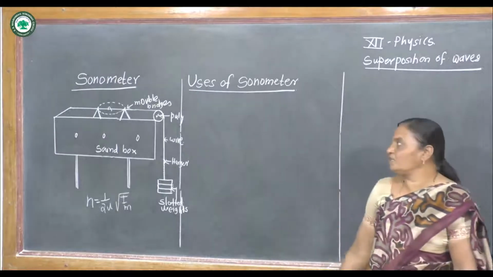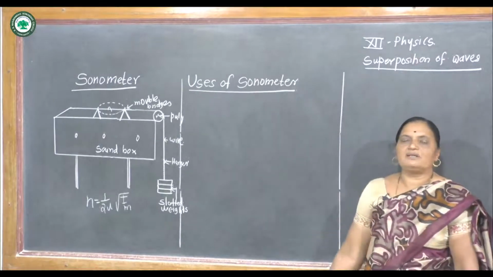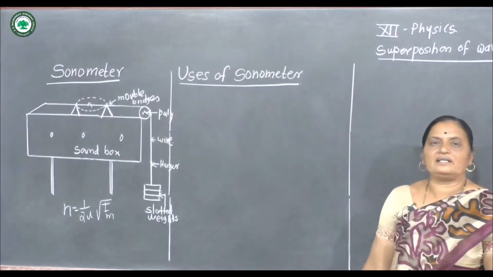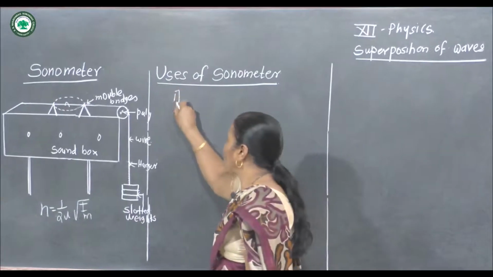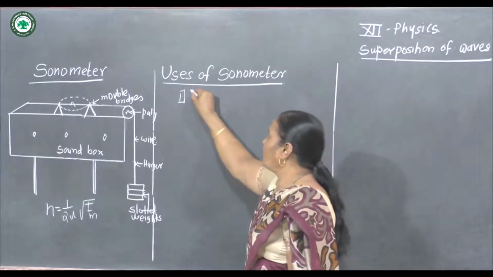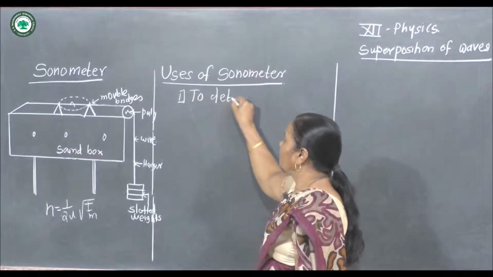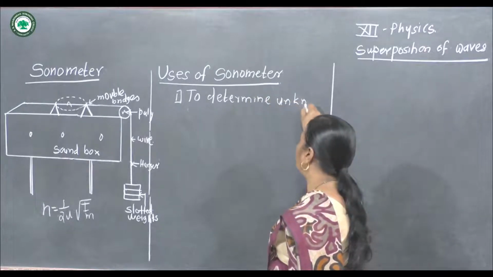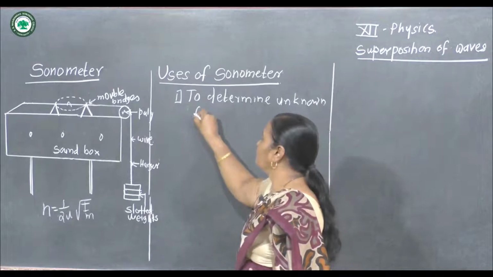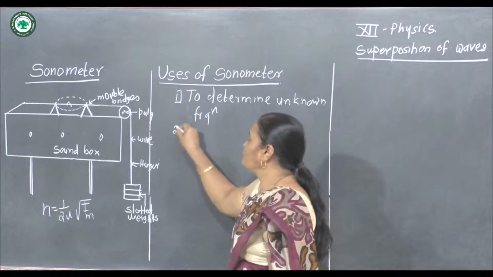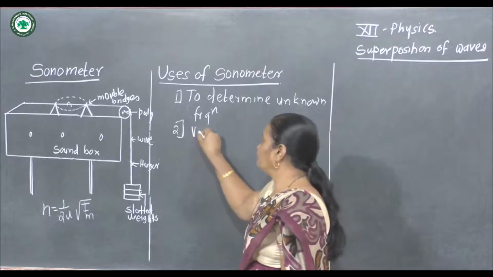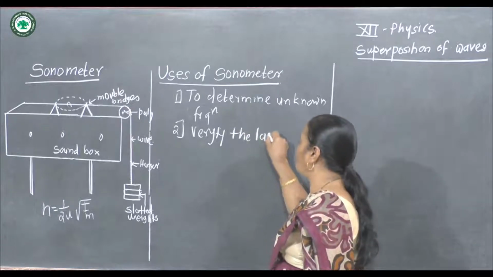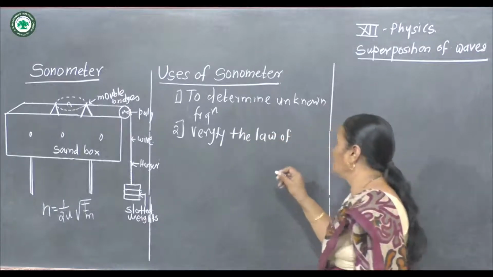Now there are uses of sonometer. First, we use sonometer to determine the unknown frequency of a tuning fork, and second, it is used to verify the laws of vibrating string.